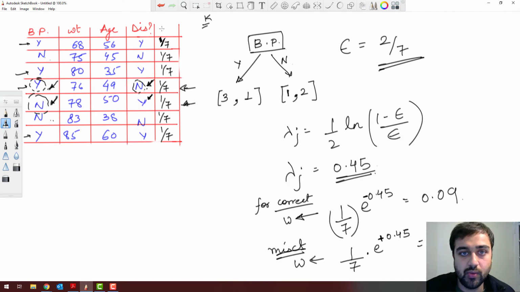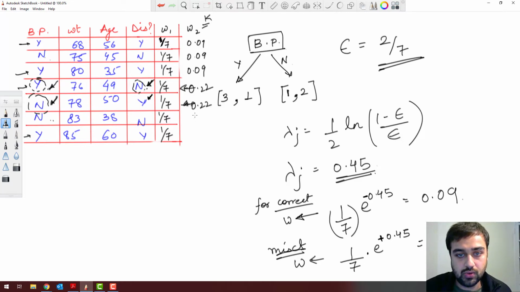So the new weights, that is for first stub. Now for second stub, the new weights for each of the data sample would be, for correctly classified, 0.09, 0.09, 0.09. For incorrectly classified, it would be 0.22, 0.22, 0.09 and 0.09, right?